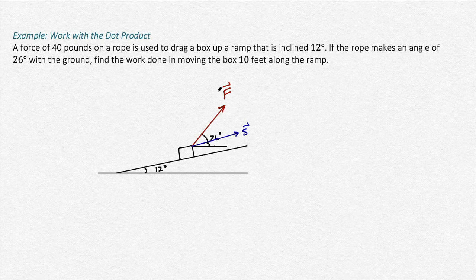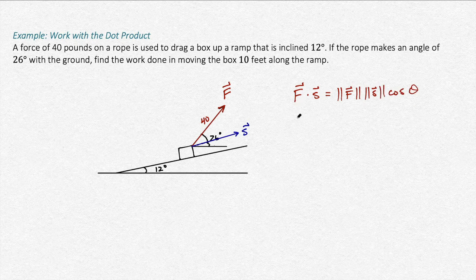Now, the vector F, I know the magnitude of F. It's a force of 40 pounds. This is actually a lot easier than I was initially thinking it was going to be. We're looking for F dot S, which by definition is the magnitude of F times the magnitude of S times the cosine of the angle between them.